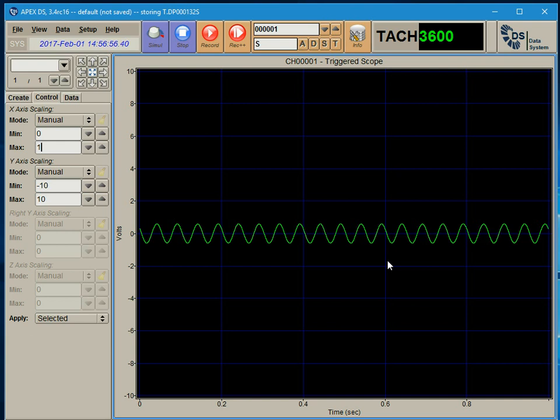It's considered the crossing of the threshold, and then the engine would go around 360 degrees and cross it again. So it's starting the data at that crossing every time, accumulating the data out beyond that point. We're basically starting at a fixed point based on the tack, and then the data is plotted in time out past that point.